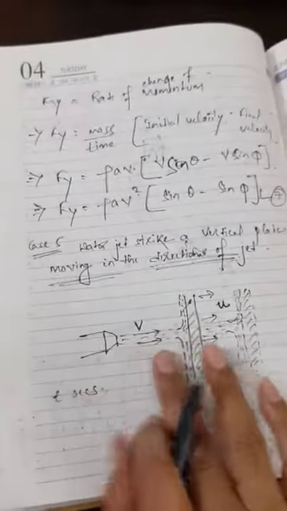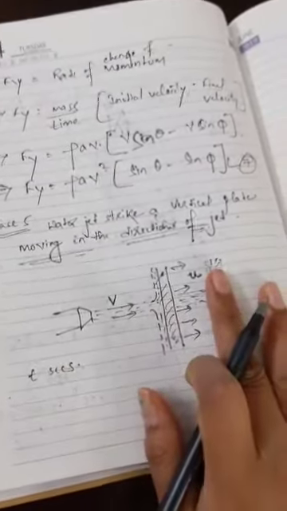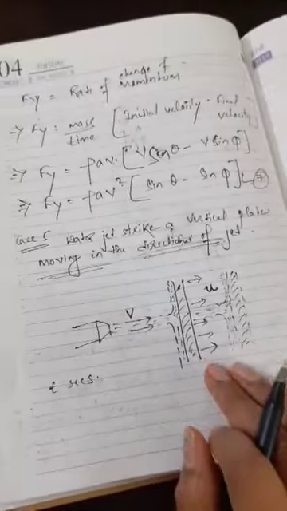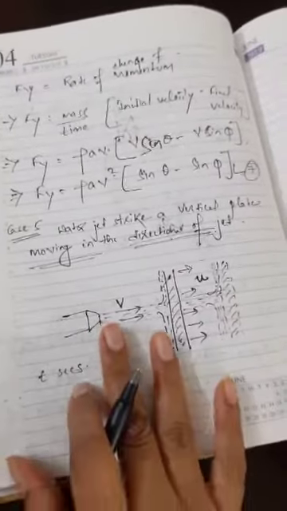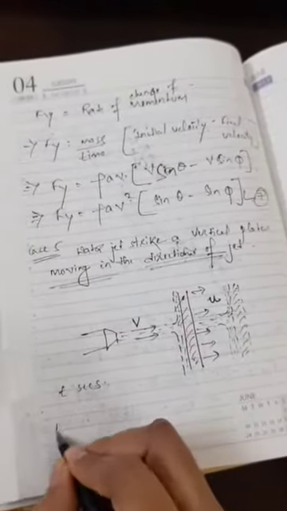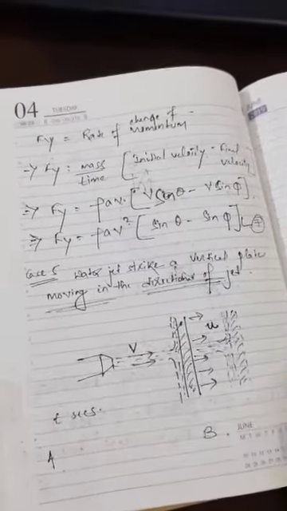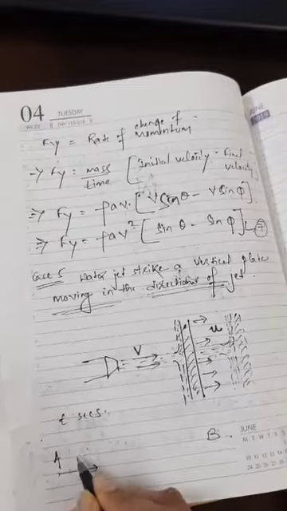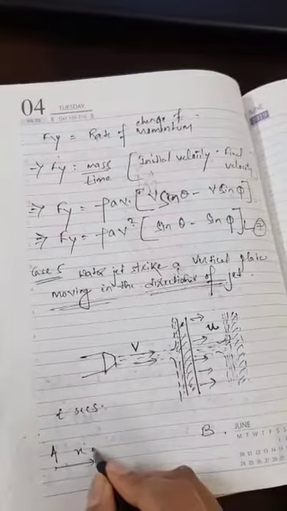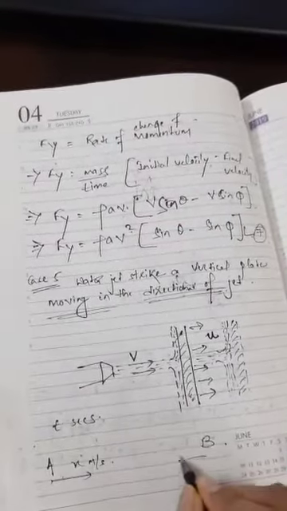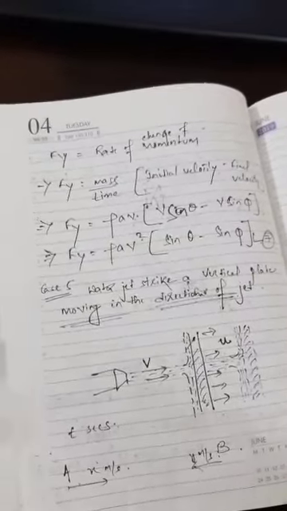We have already done this in physics. We all know the concept of relative velocity. Just like a train starting from point A, whereas another train starting from point B, one is moving in the x direction at x meter per second, and the other is moving at y meter per second.